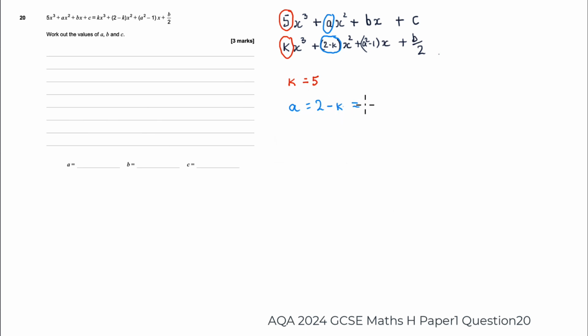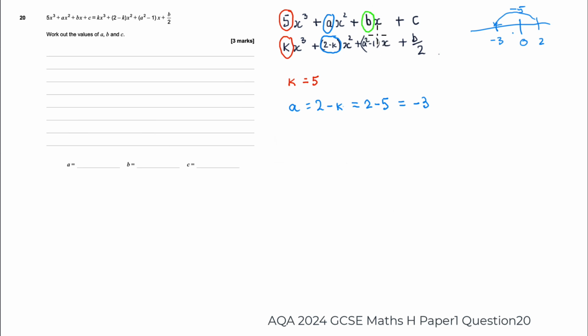So a is 2 minus 5. Well, that gives us negative 3. Remember, on the number line, if you're at 2 and you take away 5, you'll be at negative 3. So this is working out well. Let's move forward.